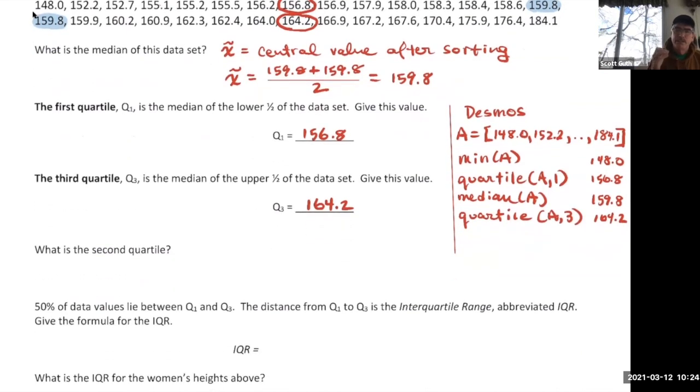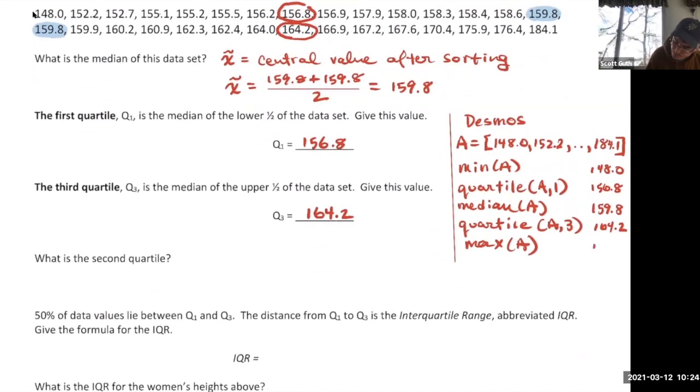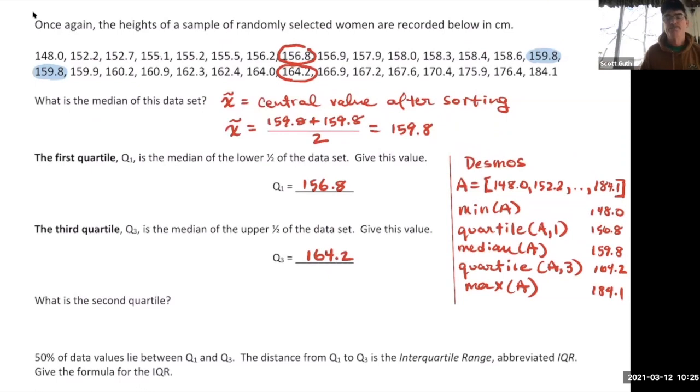Okay, and finally, the last of the 5 numbers will be the max, so you could say max of A. That's the largest value in the data set, and of course, that's the 184.1. Okay, now you don't have to sort the values. Desmos knows how to do that. Any questions?